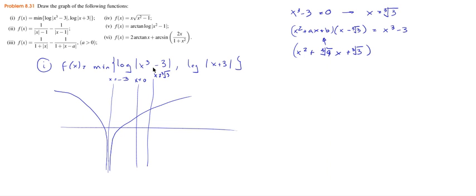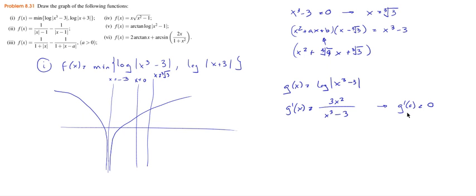So let's call g the logarithm of x cubed minus 3. Now g prime is 1 over x cubed minus 3 times the derivative of this, which is 3x squared. Now this has value 0 at 0 only, right?